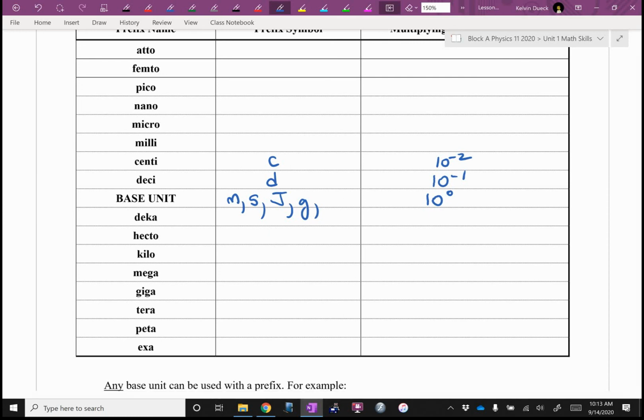Milli, what's the abbreviation for milli? Upper or lowercase? Here's the problem. How many letters do we have in our English alphabet? Not enough, because what's the abbreviation for meters? Lowercase m. What's the abbreviation for milli? Lowercase m.